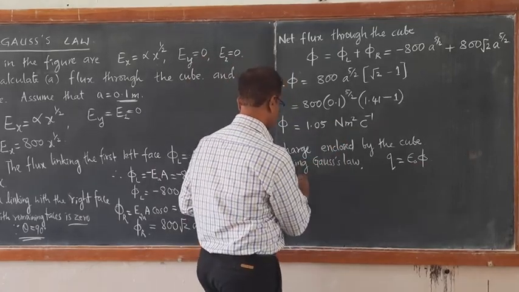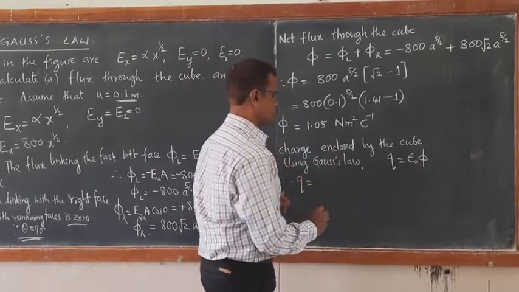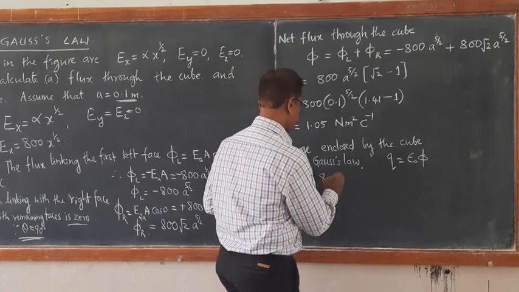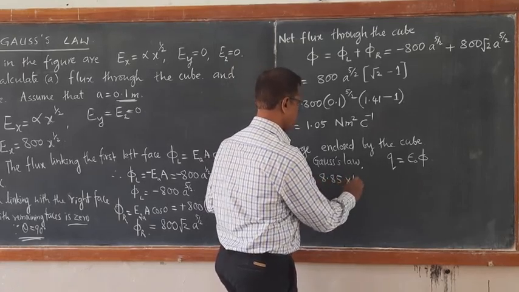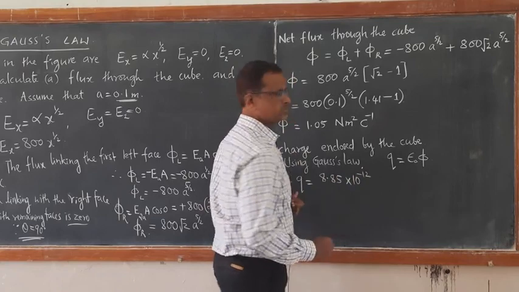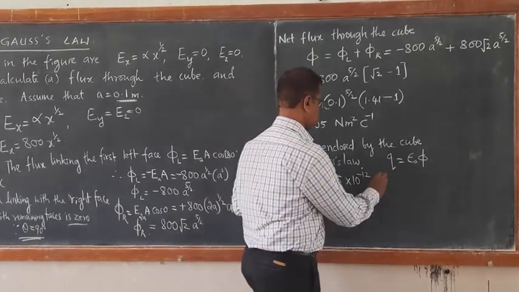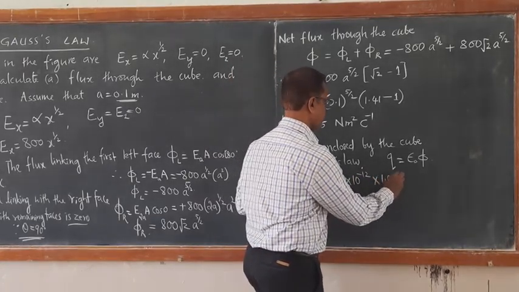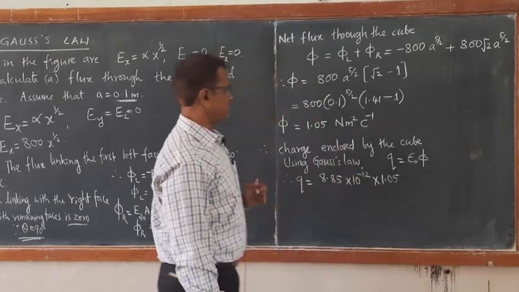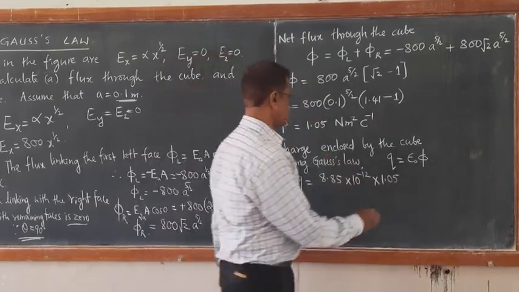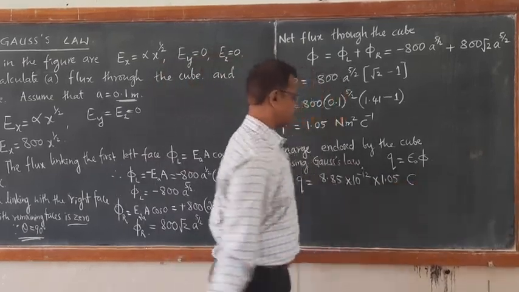Therefore, the charge Q is equal to 8.85 into 10 raised to minus 12 into the flux 1.05. So if you substitute this, you will get so much of charge.